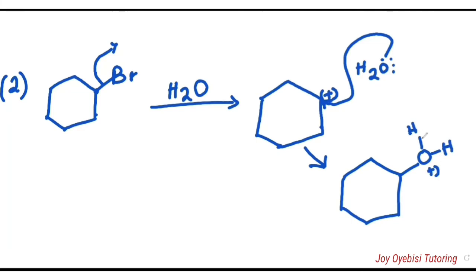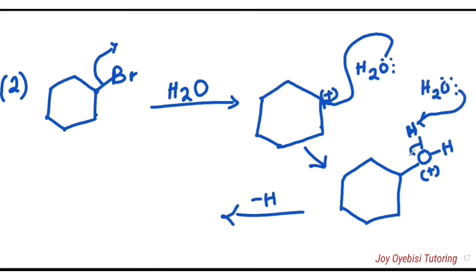Now when this happens, we need to remove one hydrogen. So we call it deprotonation. One hydrogen is removed. We use another molecule of water. Take away this, and this bond breaks. So our final product would be an alcohol. Okay, so this is the reaction mechanism for this particular one.